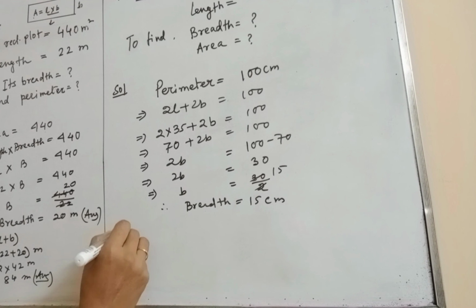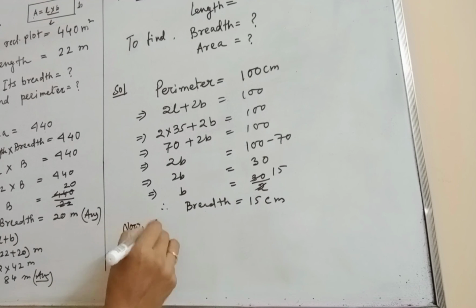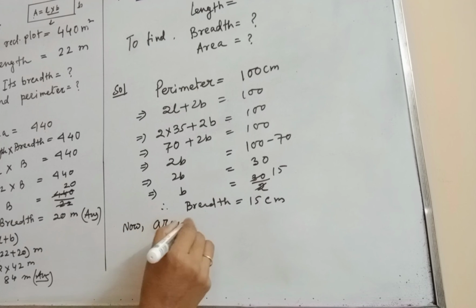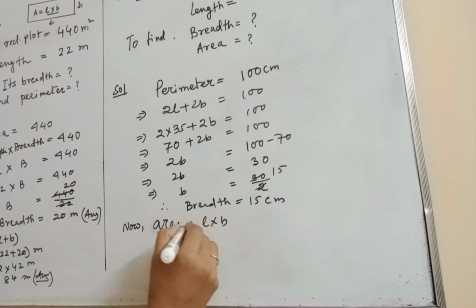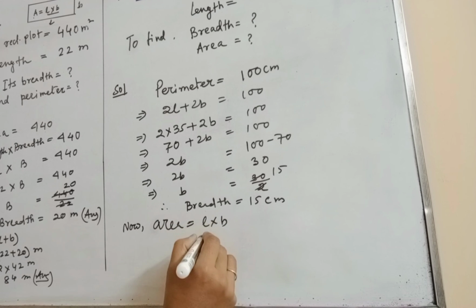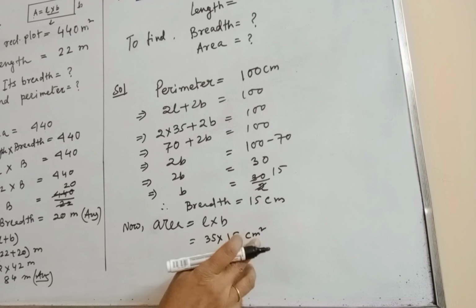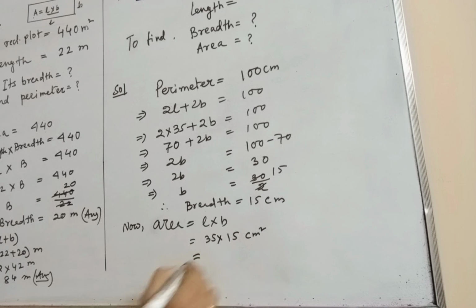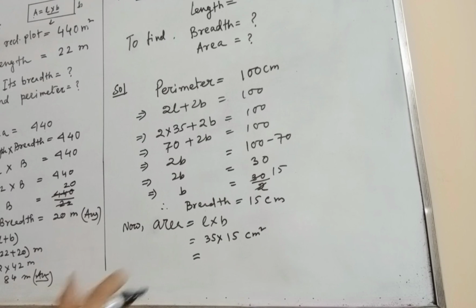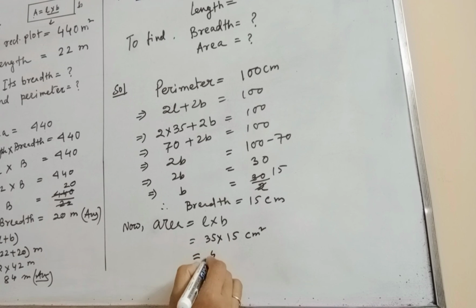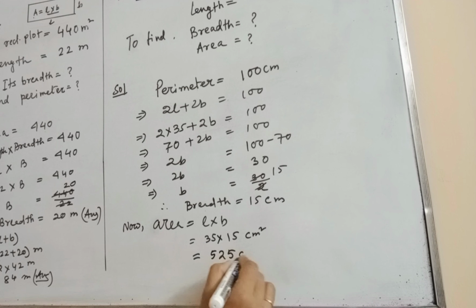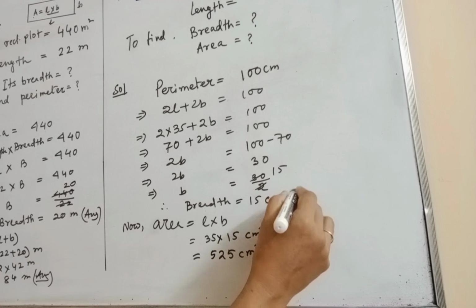Now area is length into breadth, length 35, breadth 15. Now 2 units are multiplied here because 35 centimeter into 15 centimeter, so centimeter square. Multiply these two and you will get 525 centimeter square. So this is also one answer.